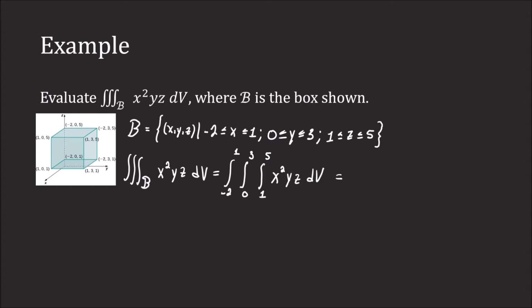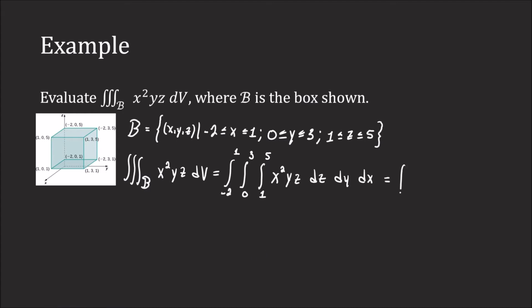Now, just as with double integration, we can actually write this as a product of three integrals because we can write our function as a product of three functions, one strictly of x, one strictly of y, and one strictly of z. However, I am going to do it normally one at a time. I should write this as dz, dy, dx, simply because later you have to do it, so it's just better to get used to it.